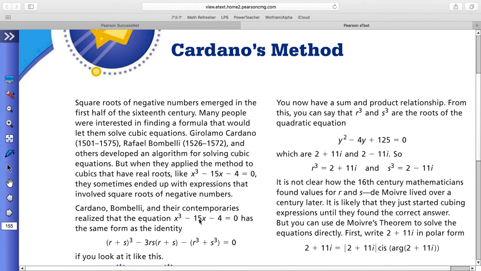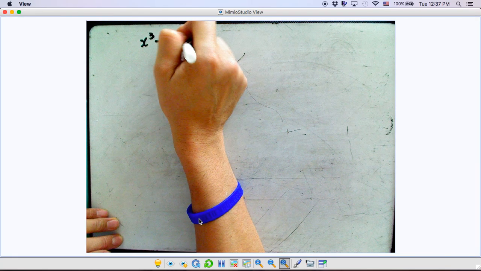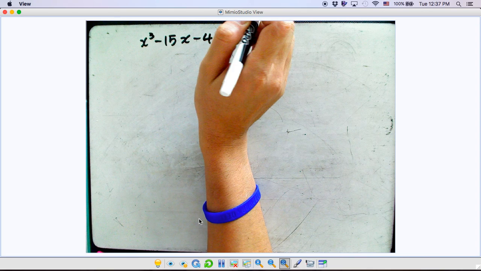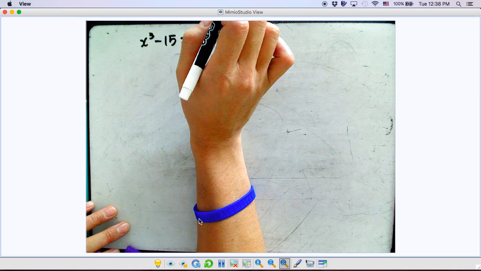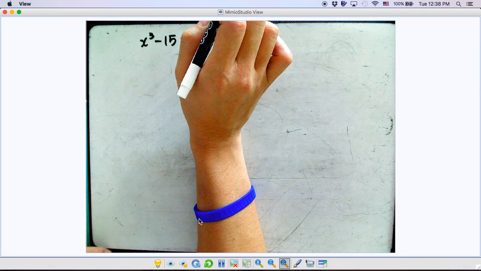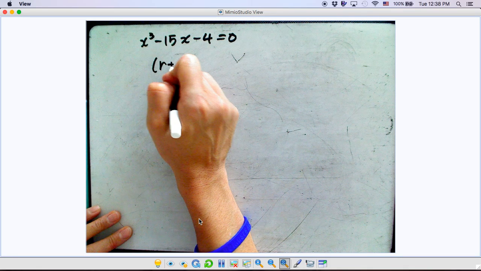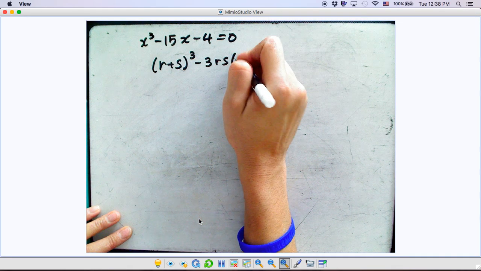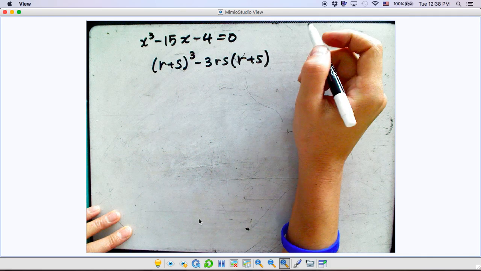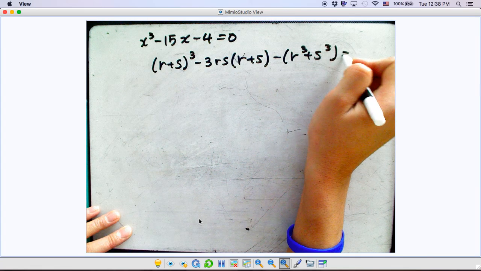So x cubed minus 15x minus 4 equals 0. Cardano, Bombelli and their friends realized that this equation has the same form as the identity (r plus s) to the third power minus 3rs times (r plus s) minus (r cubed plus s cubed) equals 0.